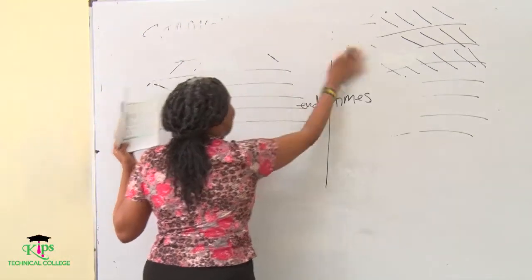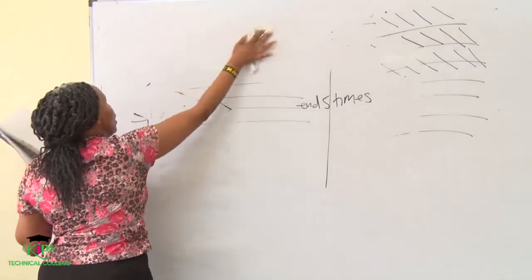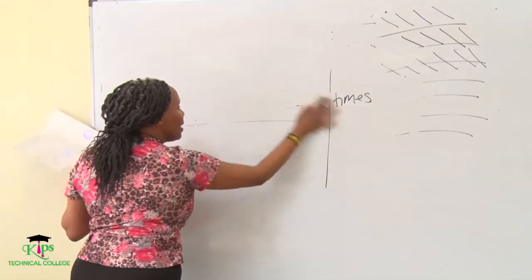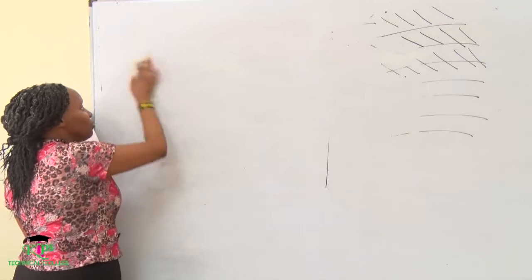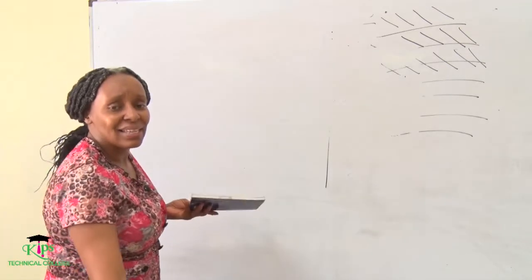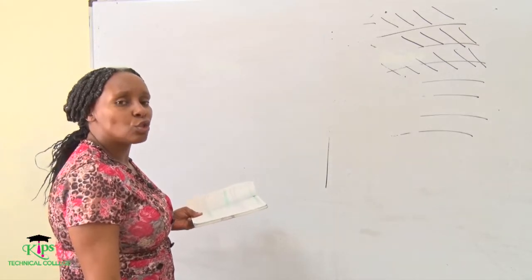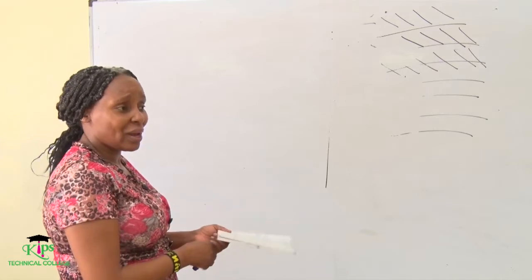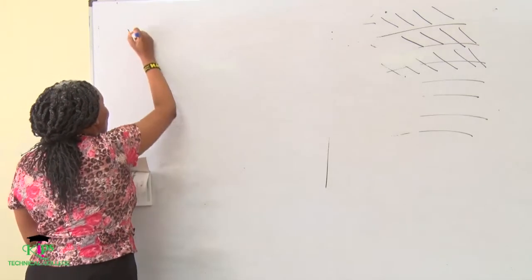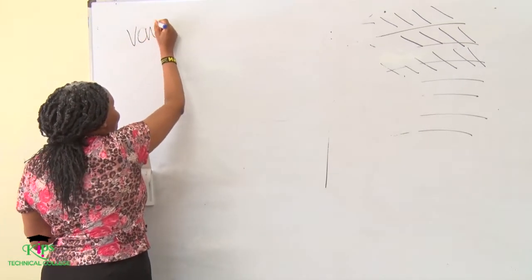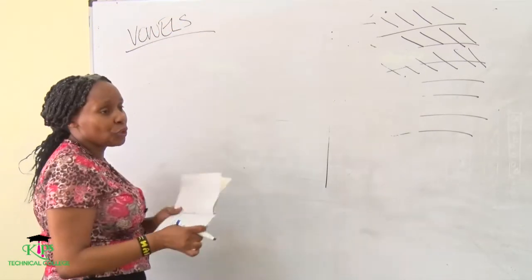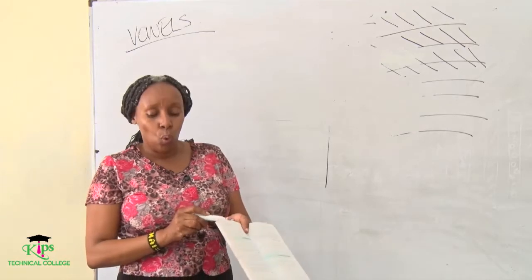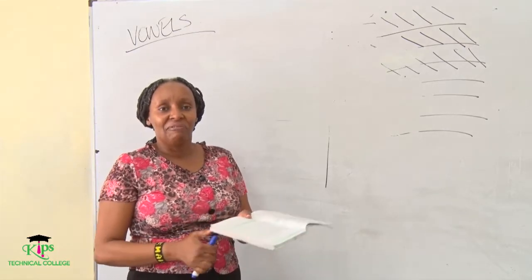Remember, that's what we say in shorthand: what determines how an outline is written is the sound. So we've got 12 vowels. These 12 vowels in shorthand, we don't have the A, E, I, O, U, we've got different vowels.